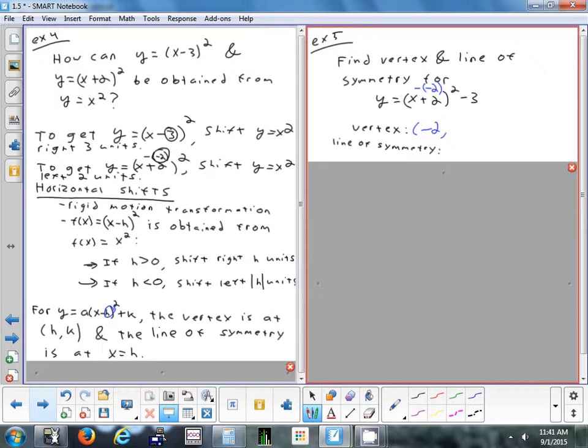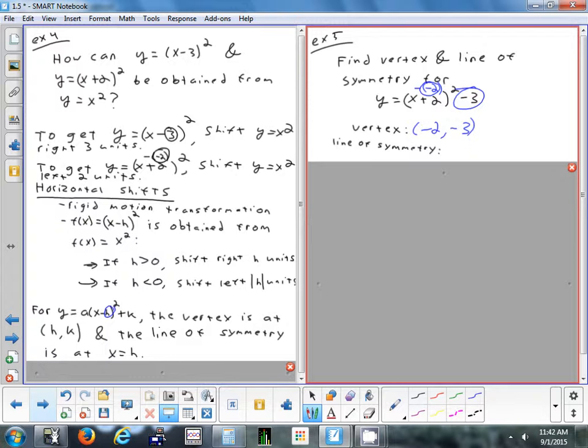No, left and right is just this number right here. This number is a different direction. Down. Yeah, it's going to be down 3. So h controls everything that's going to happen left and right. k controls any movement translating up or down.